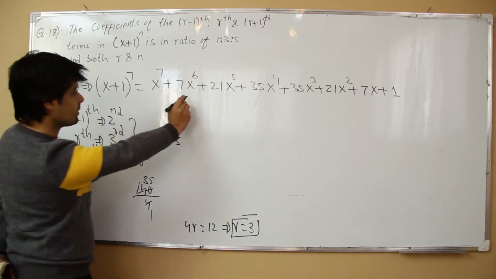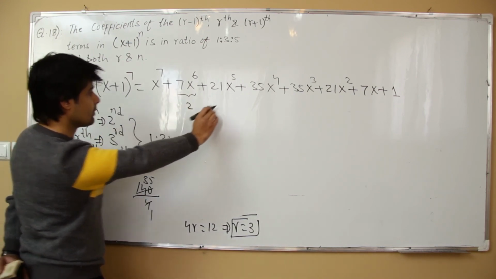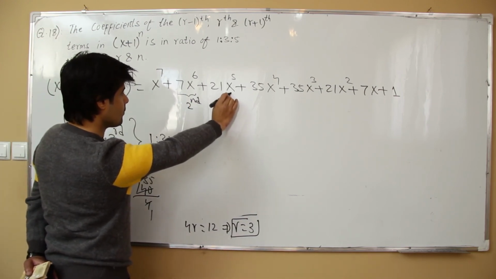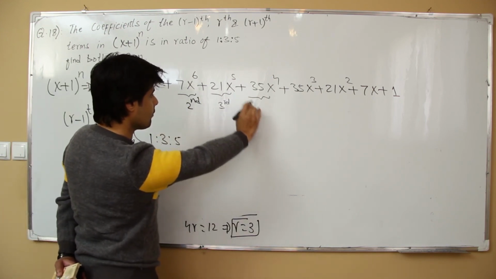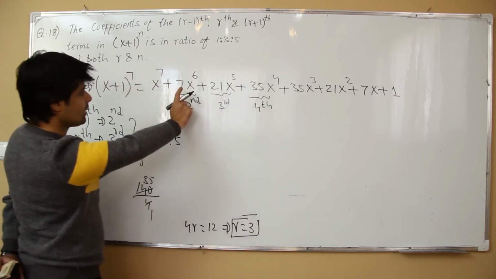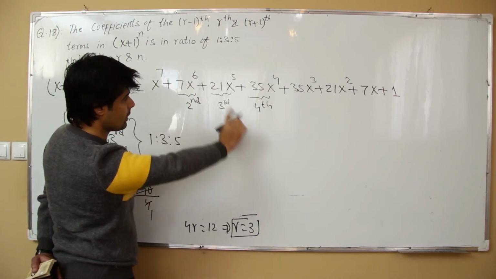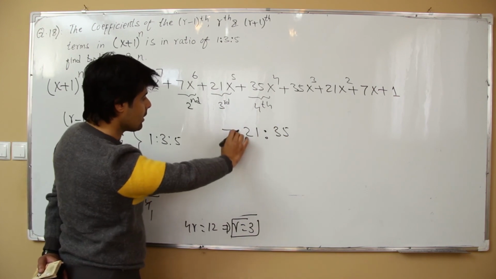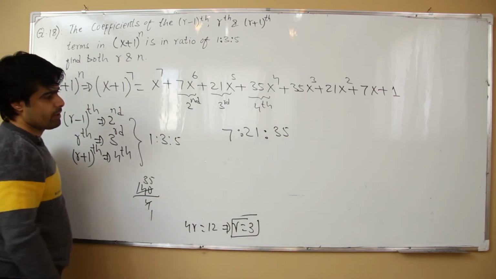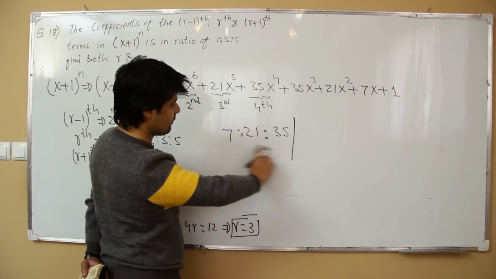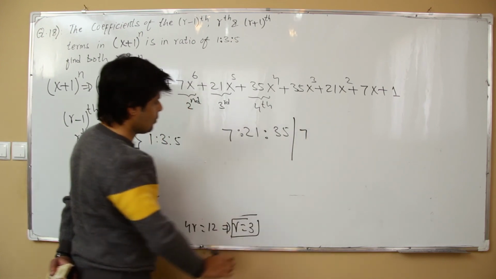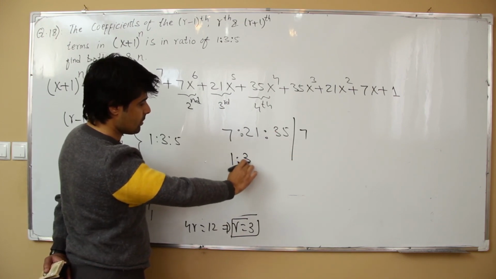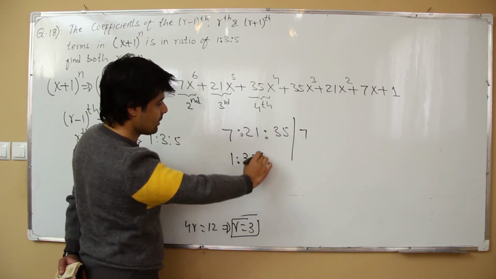This is our second term, this is our third term, and this is our fourth term. Now what are the coefficients? 7, 21, and 35. Are they in the ratio of 1 by 3 by 5? Yes. Why? Because if you divide all by 7, you have 1, 21 by 7 is 3, and 35 by 7 is 5.